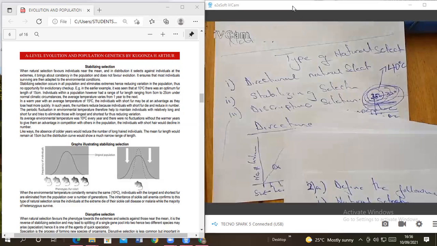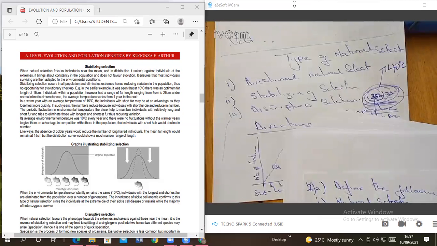B, describe the role of natural selection.